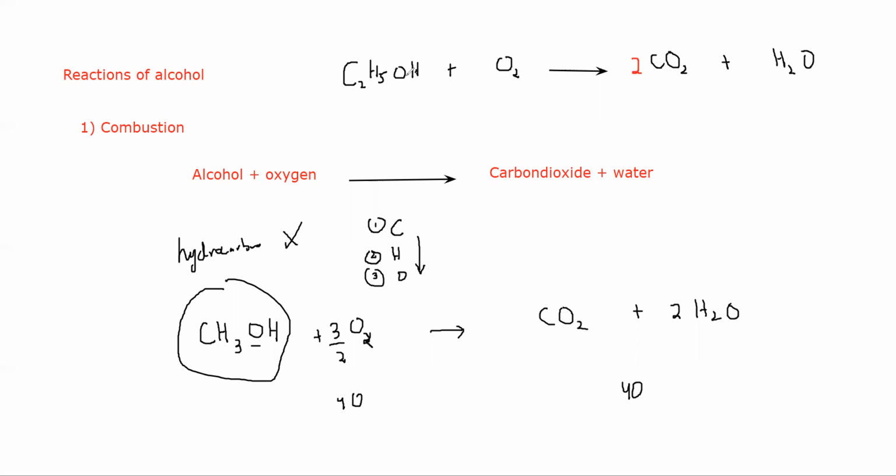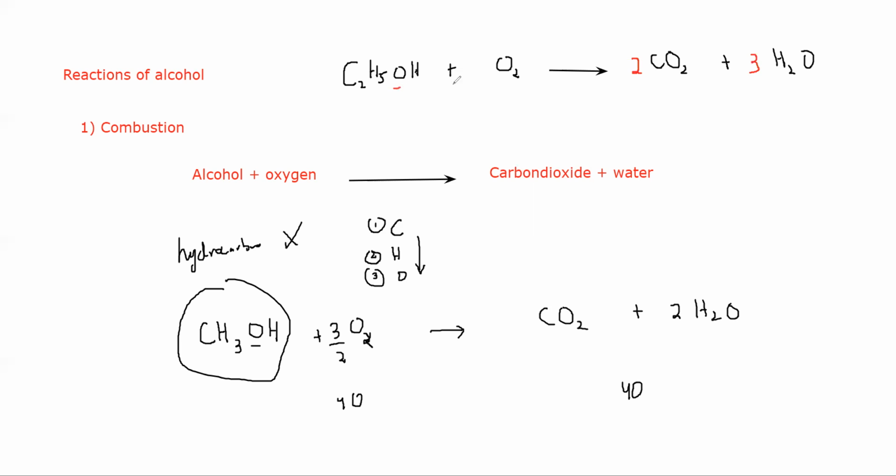How many hydrogen? 5 plus 1, 6 hydrogen. I need 6 hydrogen. So which number should I put so that I get 6 hydrogen? So this will be 3. 3 multiplied by 2 makes 6. So hydrogen is balanced, carbon is balanced. But what about oxygen?